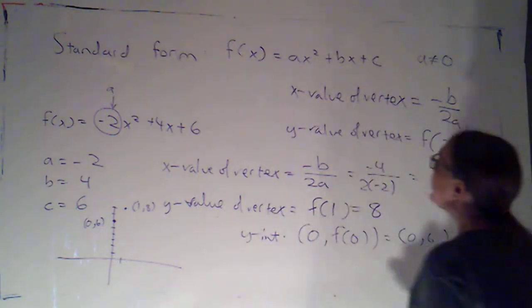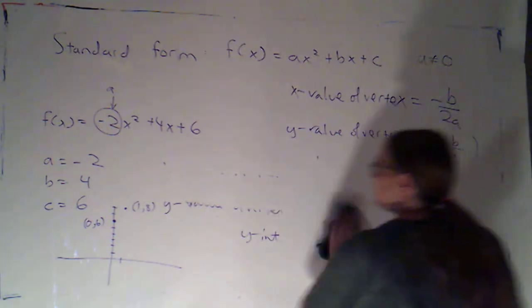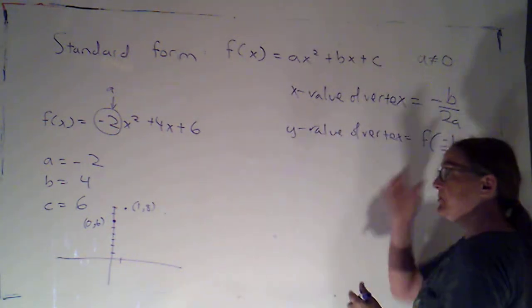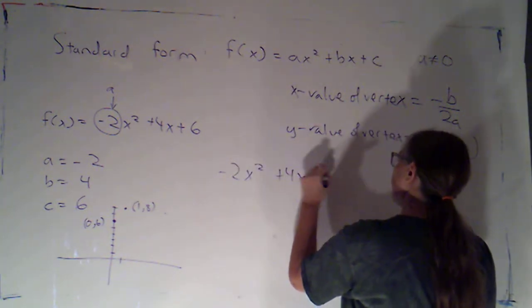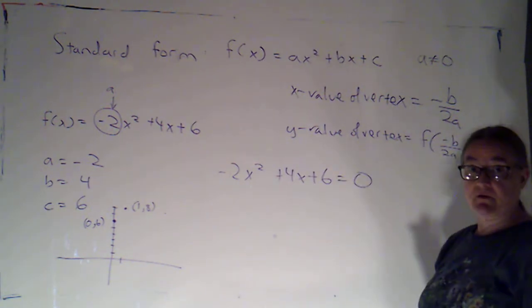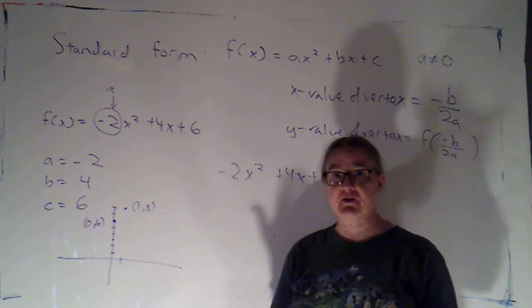Now, to get the x-intercepts, I just need to know that the y value will be 0, and I set my function equal to 0 and solve in order to get the x values. I have two options. One, I can try to factor.